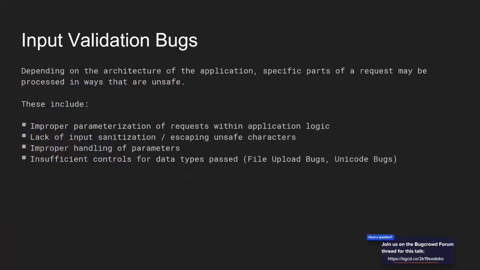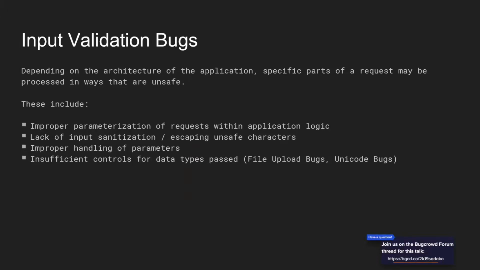Depending on the architecture of the application, specific parts of the request may be processed in unsafe ways. So you see this with any sort of web application, whether it's an API or an older application. But the common bugs would be improper parameterization of requests within the application logic. So are they just concatenating variables in input together and treating all input as trusted?